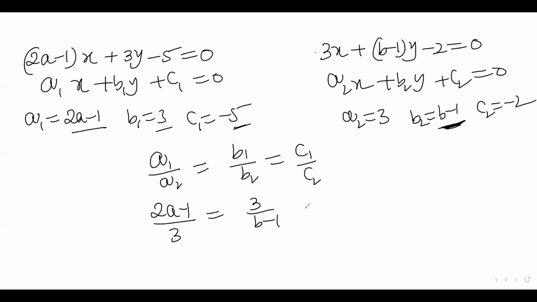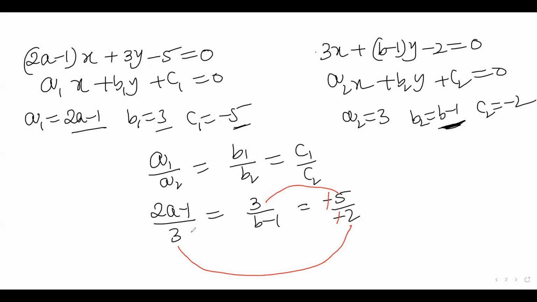C1 minus 5, C2 is minus 2. So minus minus would get cancelled. On comparing these two, I will be getting A value. On comparing these two, I will be getting B value.